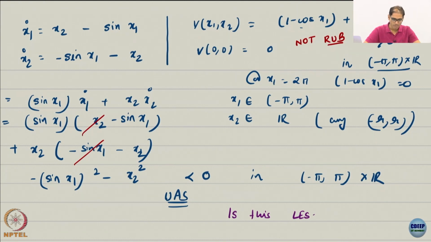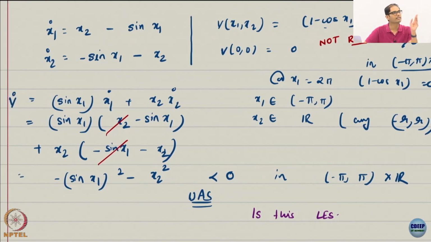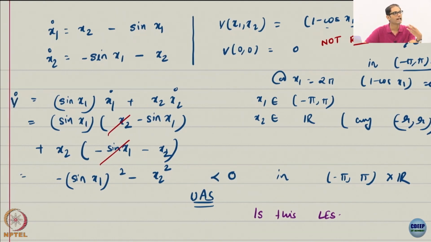So, this is another thing about using Lyapunov functions and working in Euclidean space. Actually, the system is not really in Euclidean space, because this is an angle. When you say 2 pi, physically it is the same configuration, but the Lyapunov function and the system do not recognize all this.